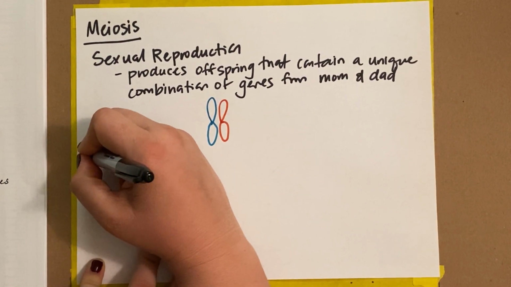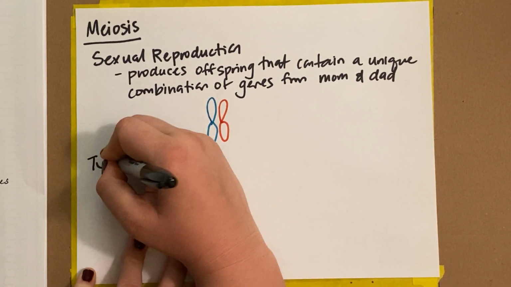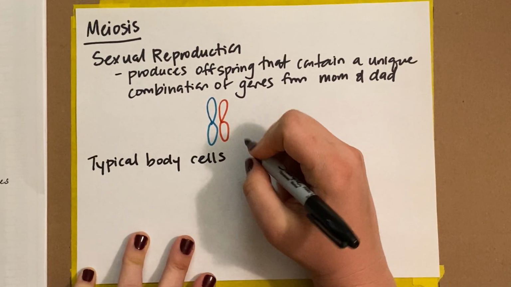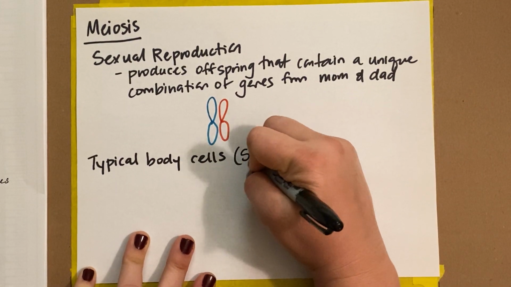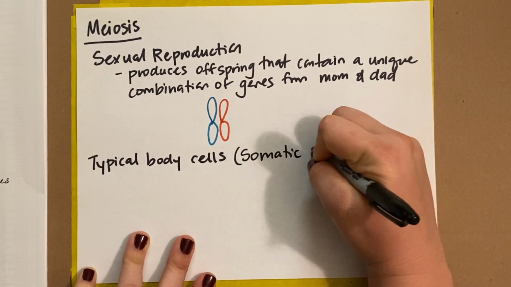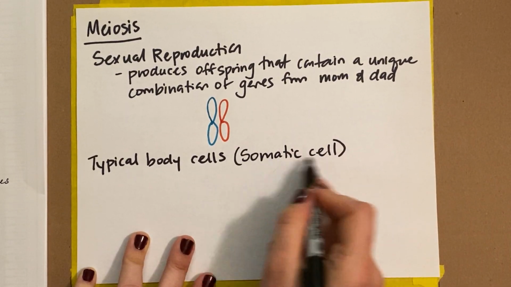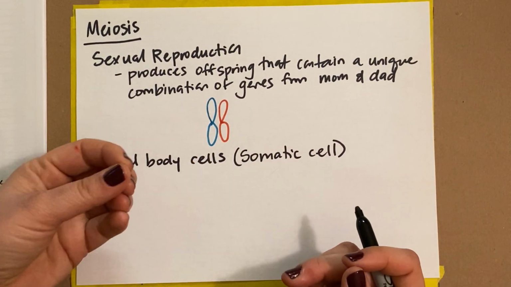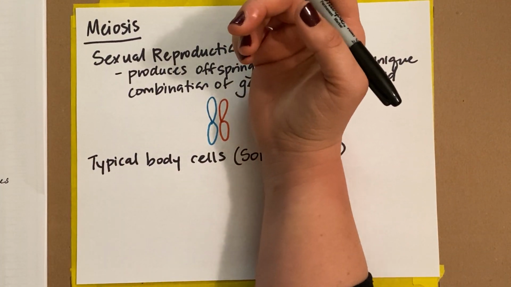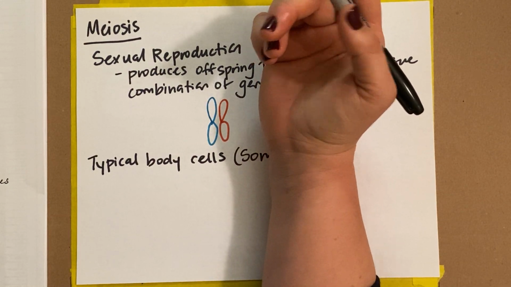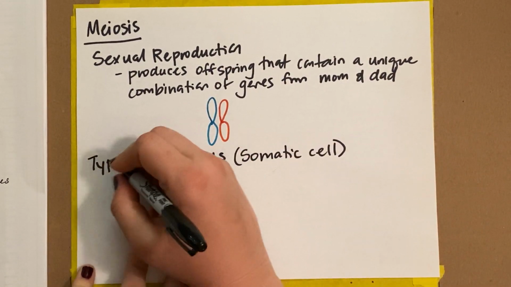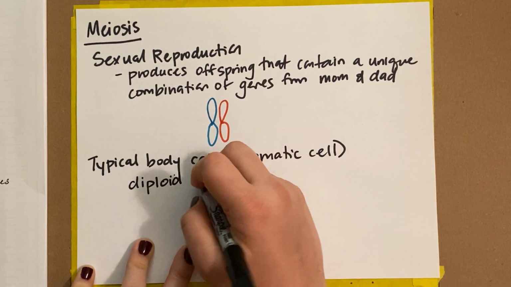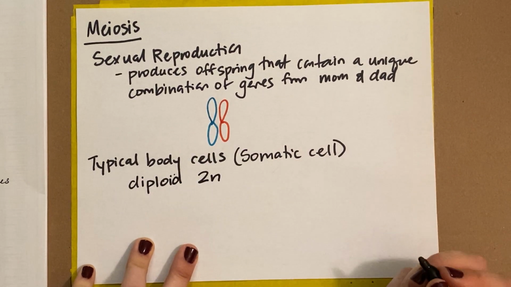Okay, now when we start talking about meiosis, we're going to start talking about specific types of cells, but I wanted to mention briefly the typical body cell. Another word for body cell is somatic. So if we took your cheek cell, or a skin cell, or a piece from your liver, those cells are going to be diploid, which means that they have two copies of each chromosome.